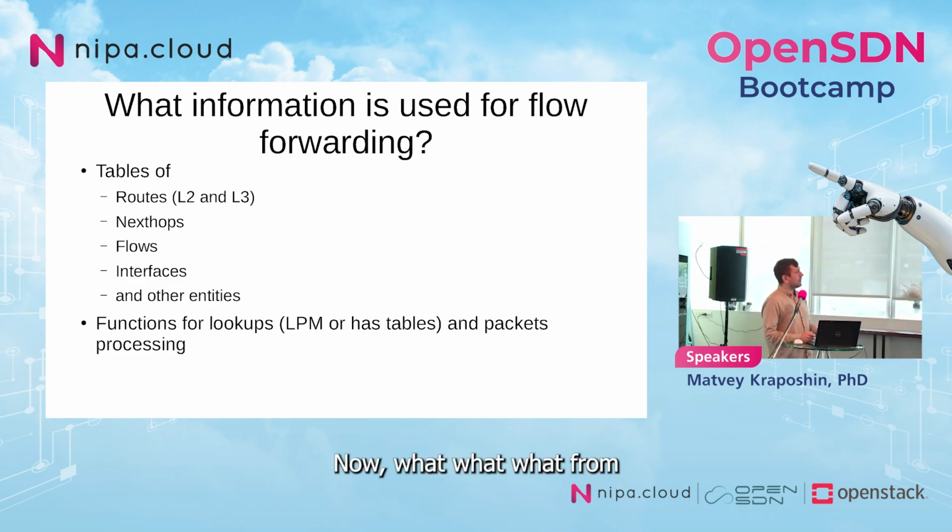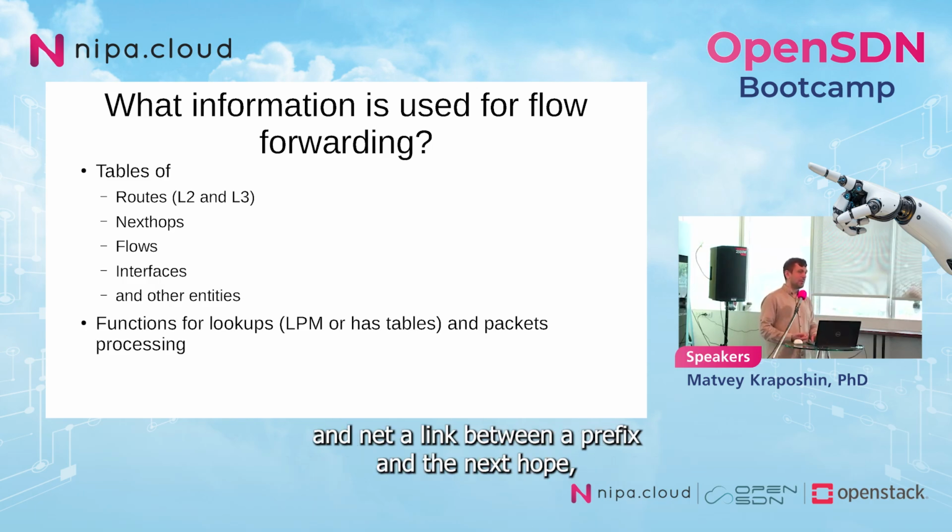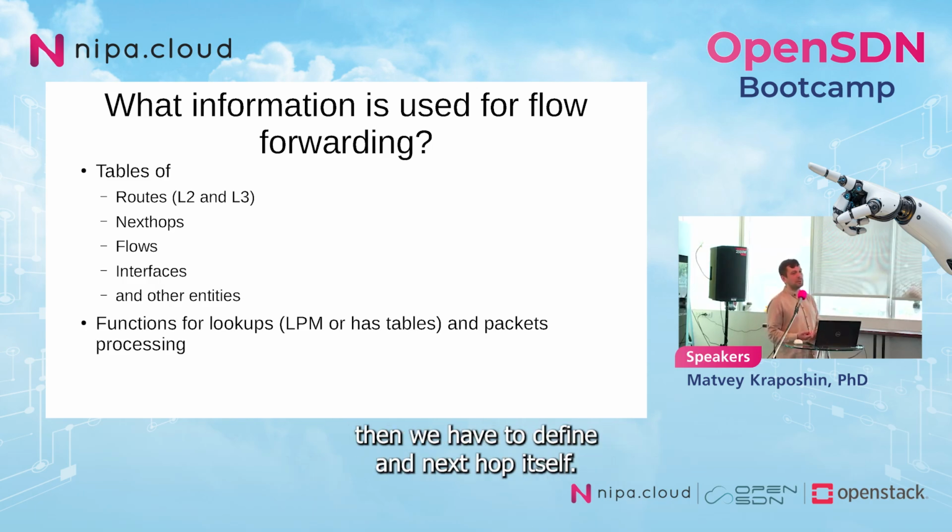Now, what information is needed to organize flow forwarding? Well, actually, we need routes table, which links IP prefixes with next hops. Then we need next hops tables, because if we have a link between a prefix and the next hop, then we have to define a next hop itself.